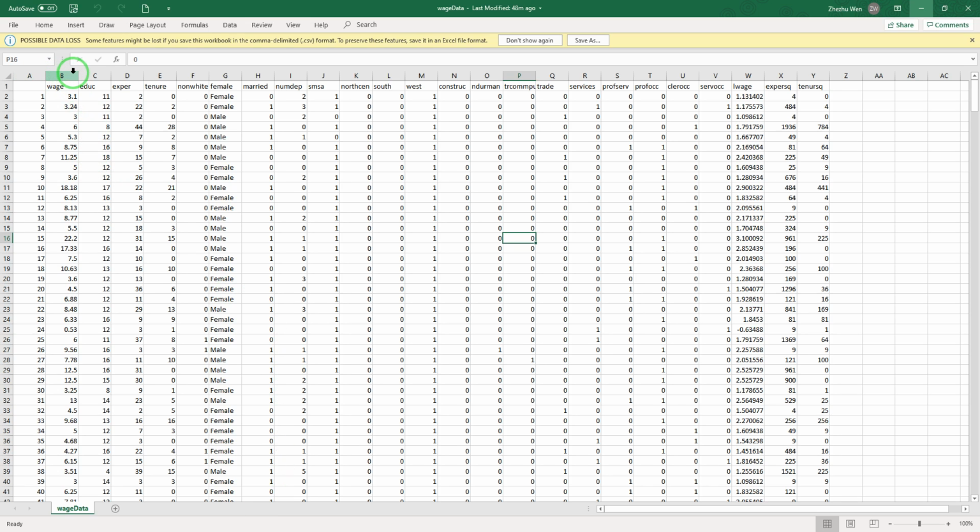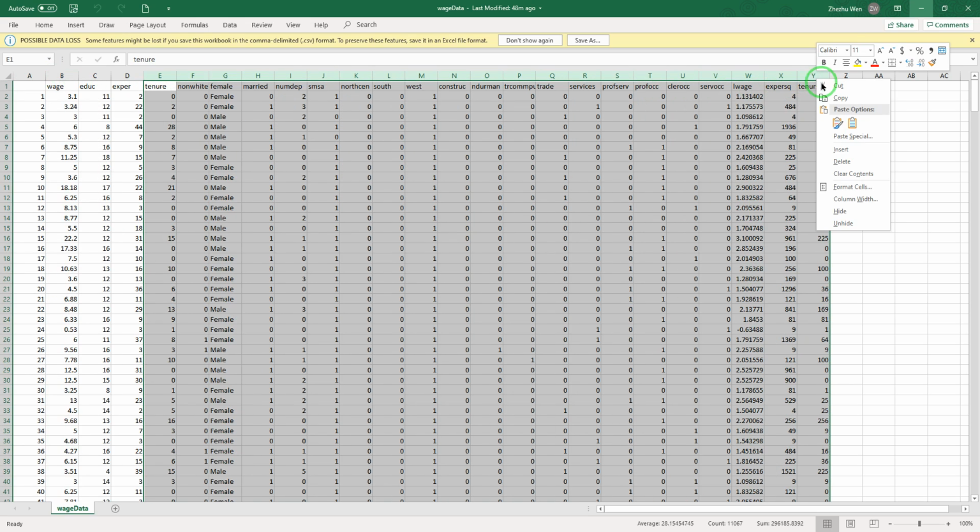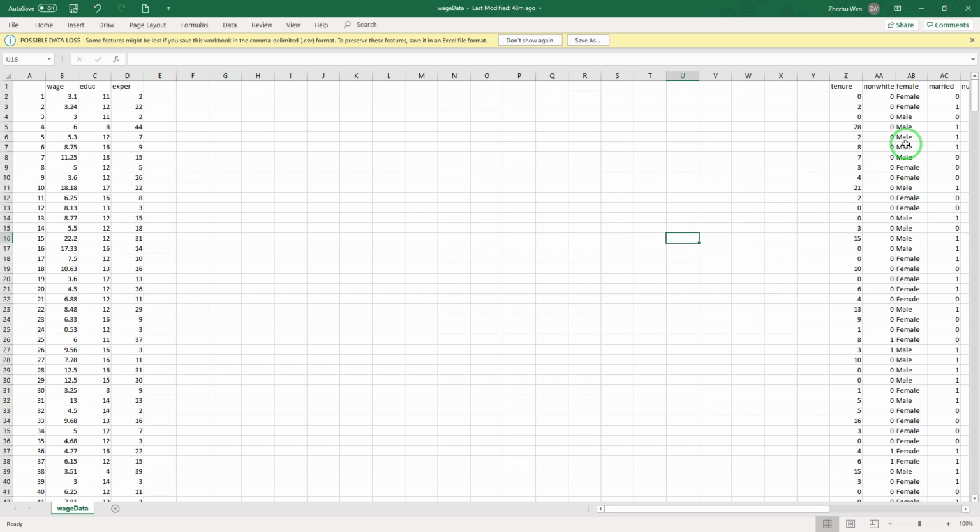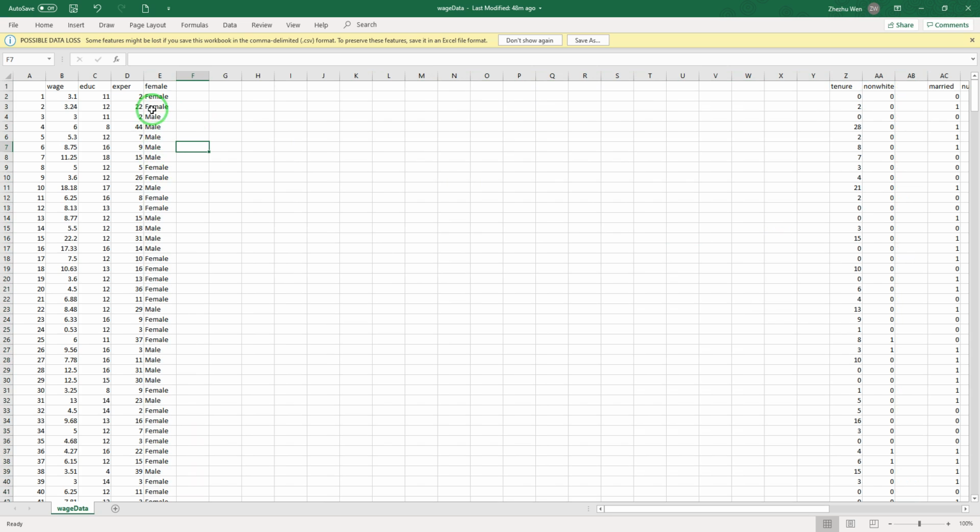I'm just going to leave all the essential variables here. I'm going to move the female variable here. We cannot use it as is, so we're going to keep the variable name as female, but I'm going to change it using the if statement.